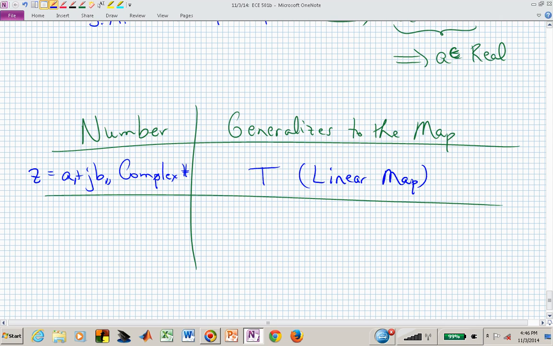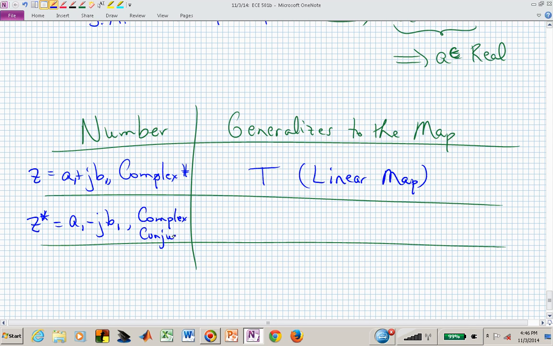And if we look at something a little bit more complicated than just a scalar mapping, then T is sort of this generalization of a complex number. What if we now say we have the complex conjugate of that, so that we now have A sub 1 minus JB sub 1. Now we've seen that that can be generalized to the adjoint map.